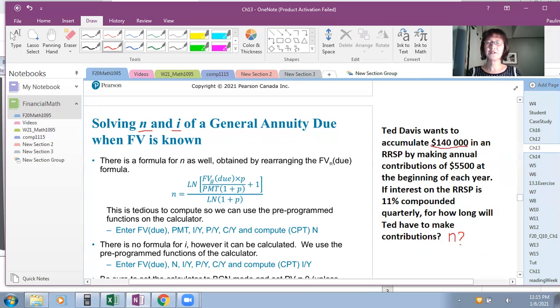Accumulate means this is the future value, FV. Contribute this amount every year means PMT. Interest is compounded quarterly, means CY equal to 4.